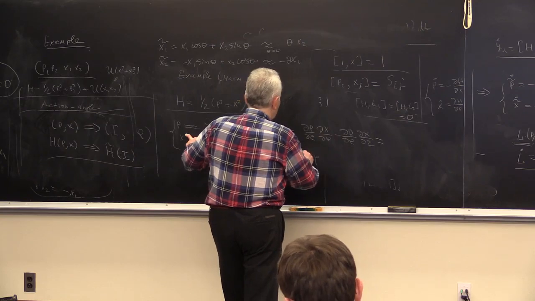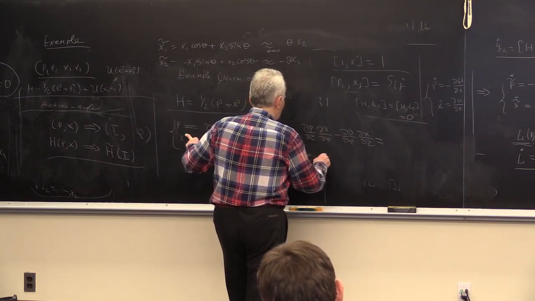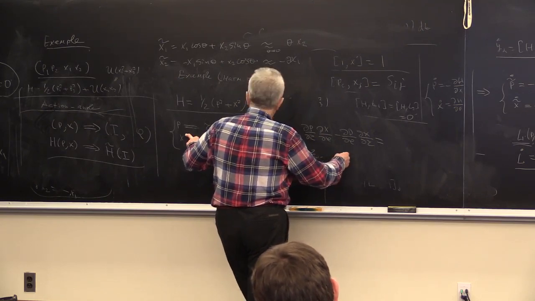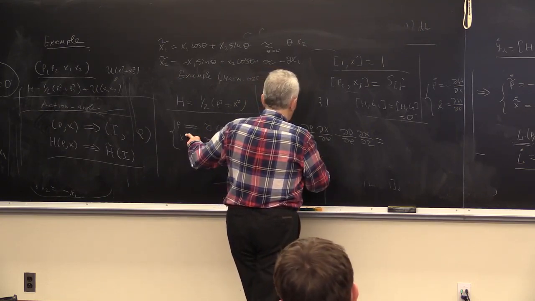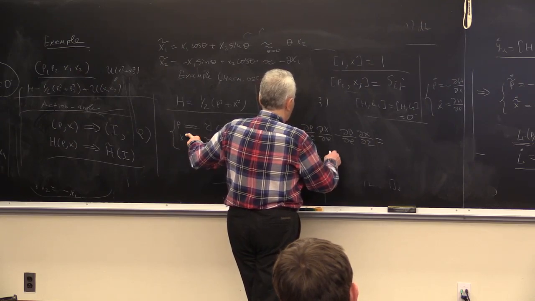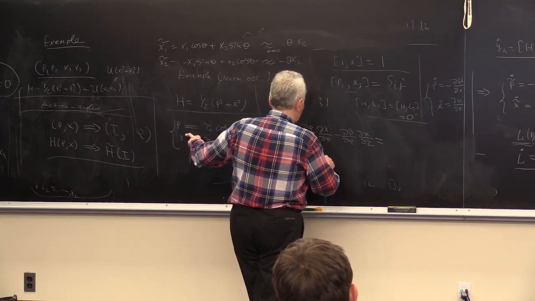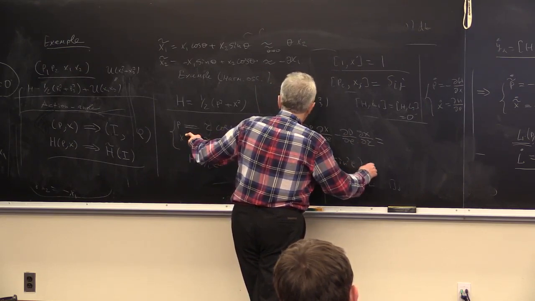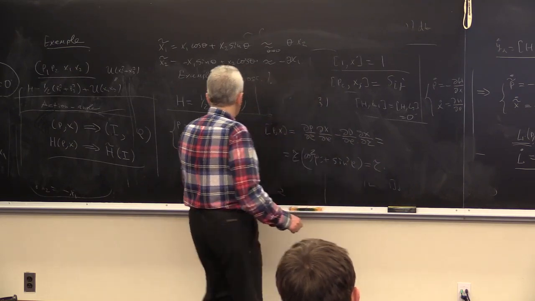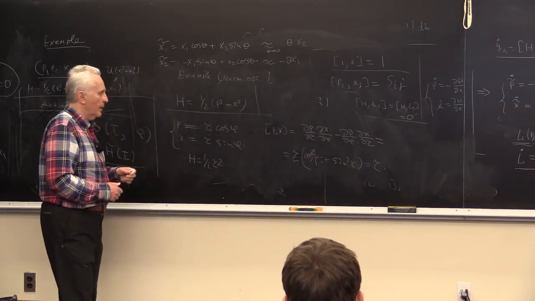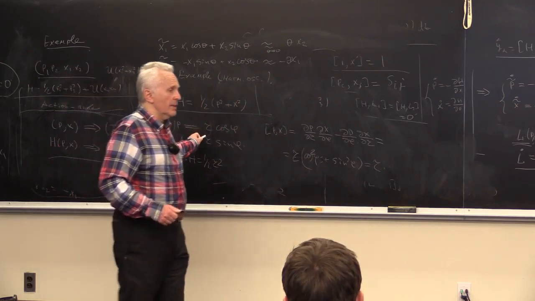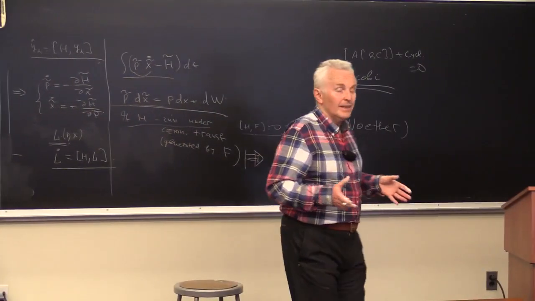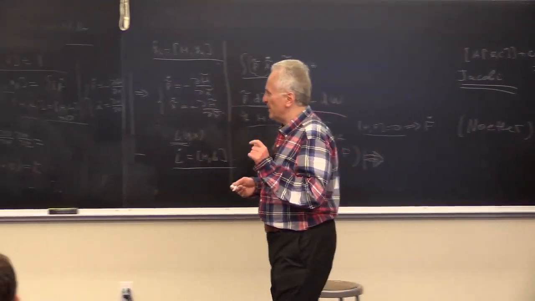Now dx d phi is r cosine phi. And here you will have sine square phi. So you will find that it is r. It's not 1. So simply passing to polar coordinates is not a canonical transformation.